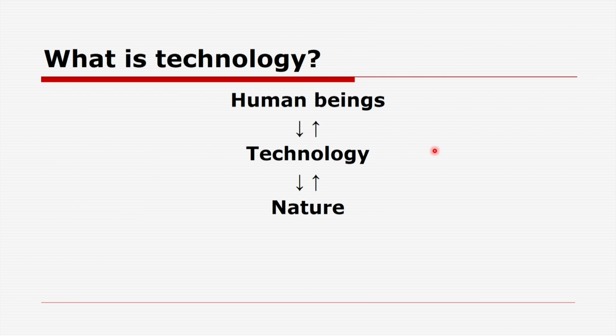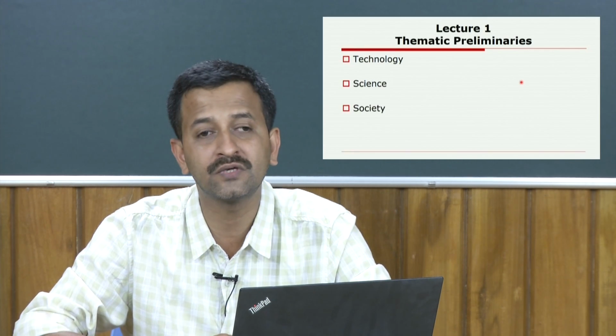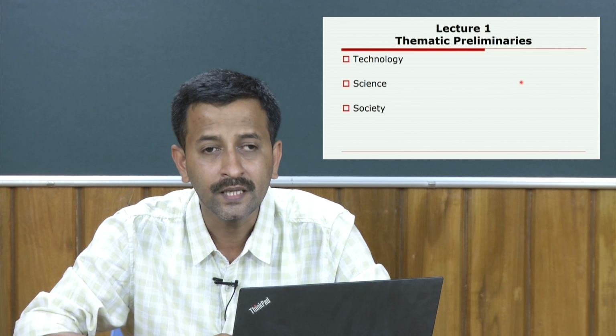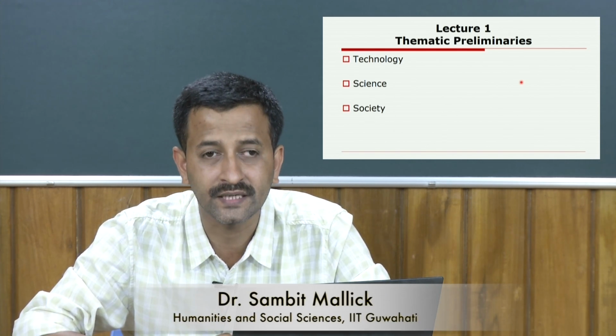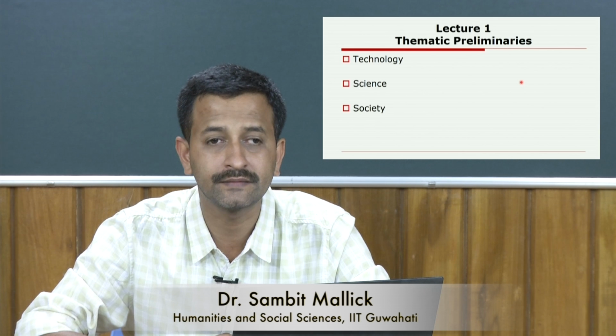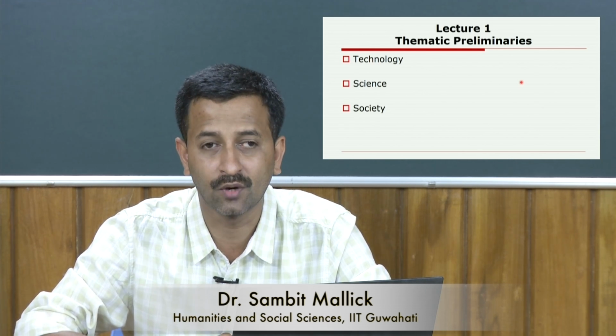Technology, the way we understand, always predates modern science. People very often think that science is prior to the formation of technology, but history of science, philosophy of science, sociology of science always reiterate the point that technology always predates modern science.